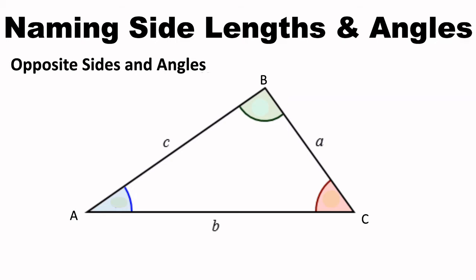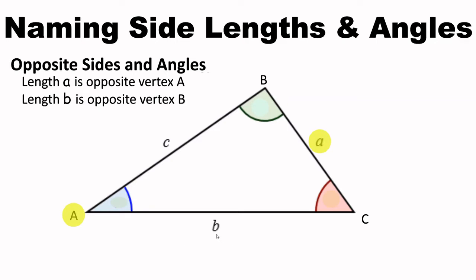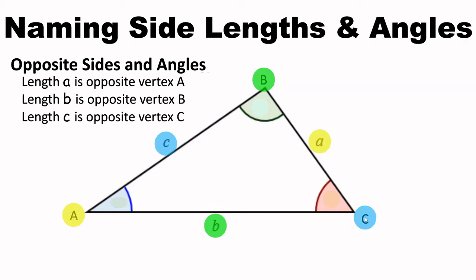So for example, in this triangle, I've labeled this side length with a lowercase a because it's opposite the vertex or corner point of this triangle, which I've labeled with a capital A. Sometimes we call the angle at that vertex capital A. In the same way, I've labeled this side length over here with a lowercase b because it's opposite this vertex with a capital B. And I've labeled this side length here with a lowercase c because it's opposite this vertex, which has a capital C. So that's one way we could label our side lengths and our angles.